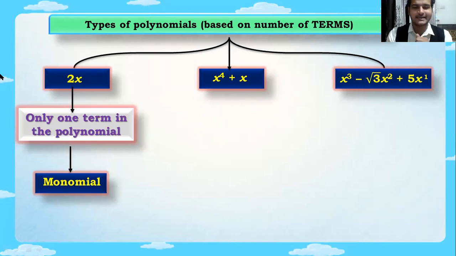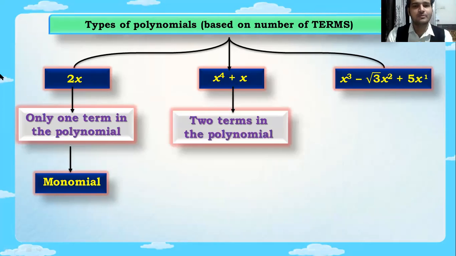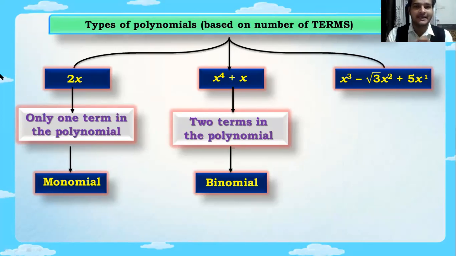Now look at the second example, x raised to 4 plus x. Here you have two different terms, x raised to 4 and x. So there are basically how many terms? Two terms. So that is called as binomial. B-I-N-O-M-I-A-L. Binomial means two, mial means terms, polynomial.